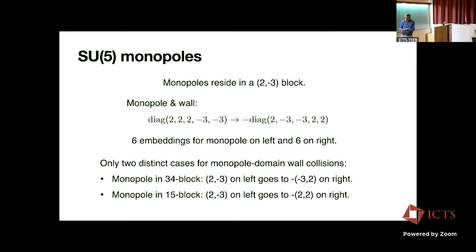So on this side, it's occupying 2 minus 3, and then it might go into, again, minus 3, 2 on the right. But the monopole in the 2 minus 3 block would have to go into a minus 2, 2 block. So in a sense, it can't go there because it needs to be in a 2 minus 3 block. So the monopole has to live in the 2 minus 3.